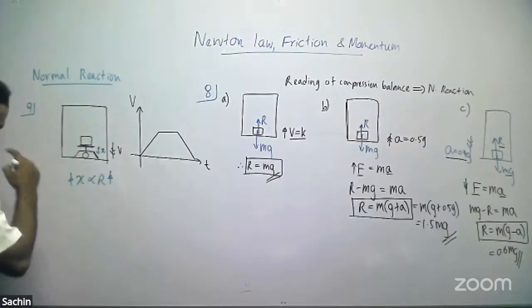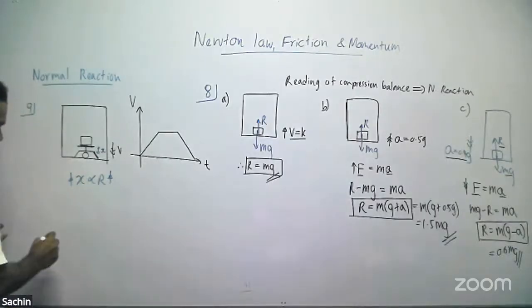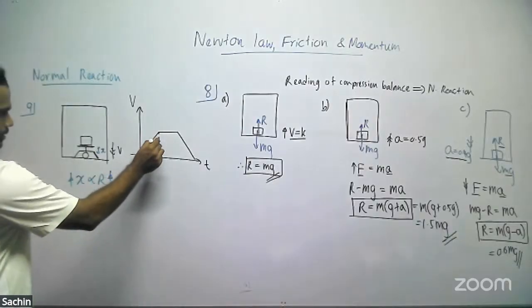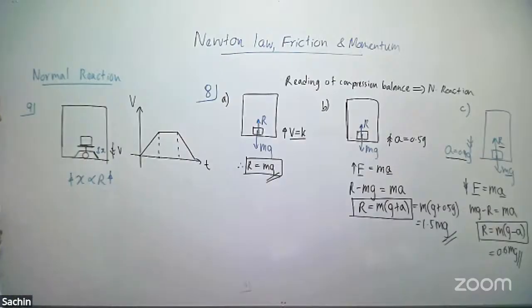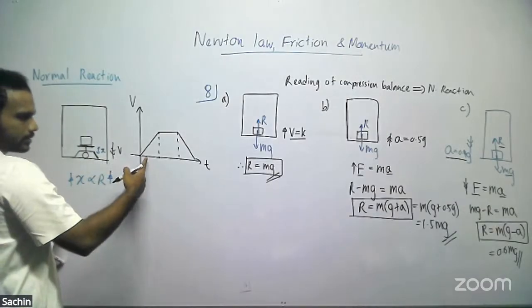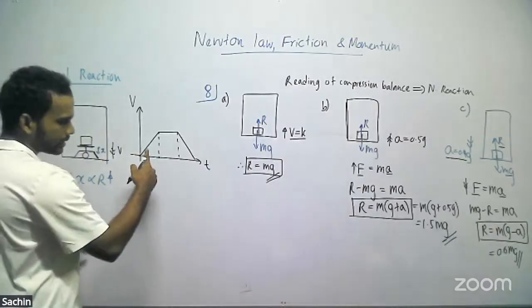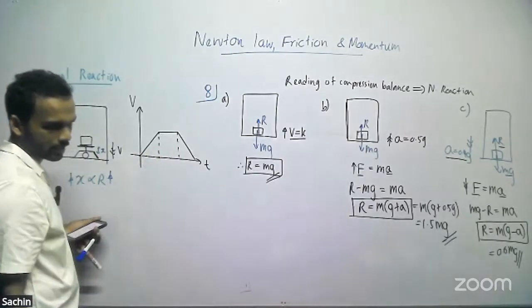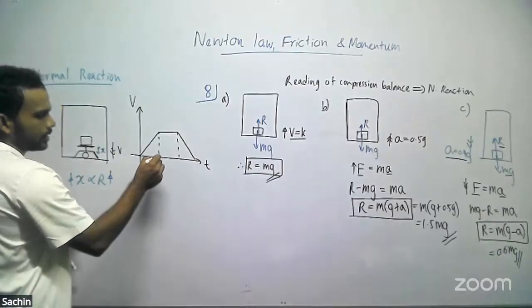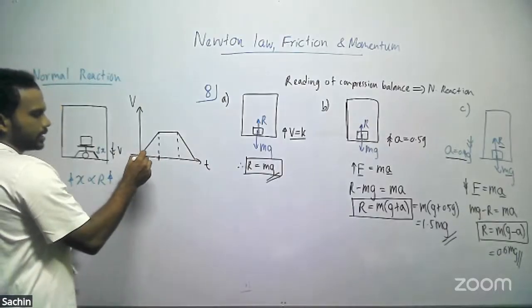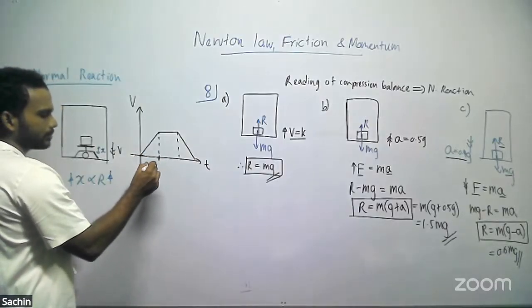Okay, so how to do this? You can see the question says the elevator moves downward, and the graph gives how the velocity changes. In each case, consider how the acceleration behaves. In the first interval, there is a positive acceleration.